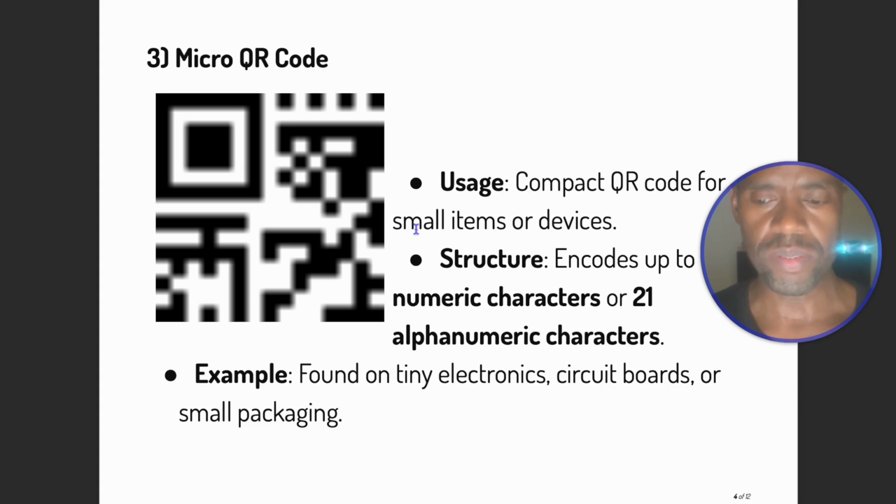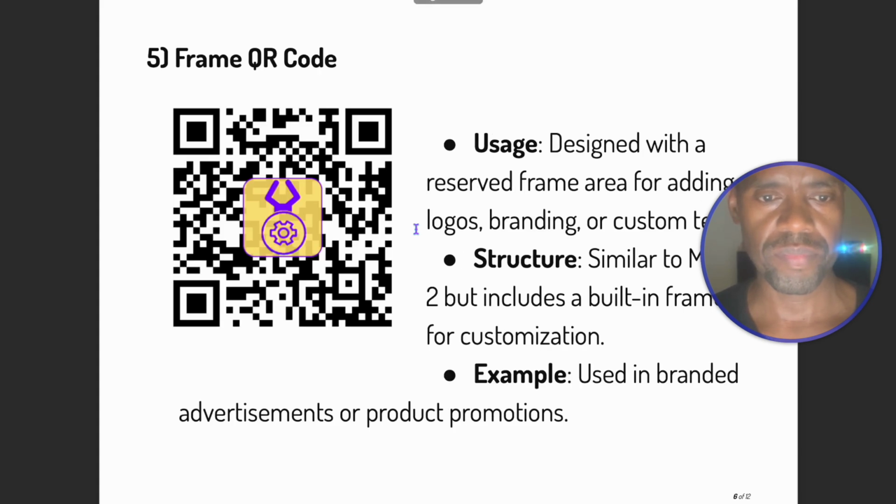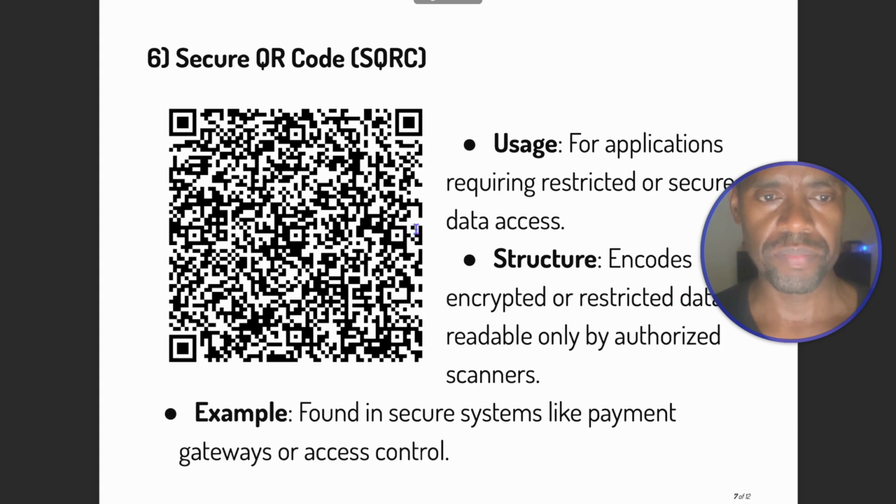Micro QR code for constrained spaces. iQR code to store large data sets. Frame for branding purposes. Secure QR code when security matters a lot.